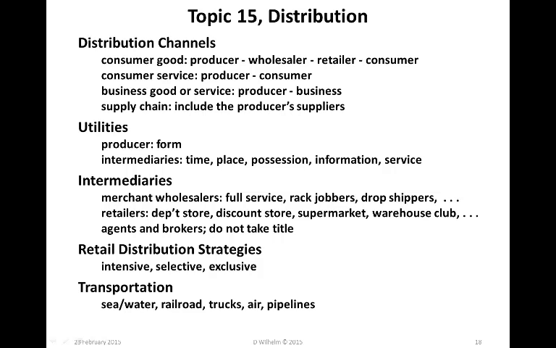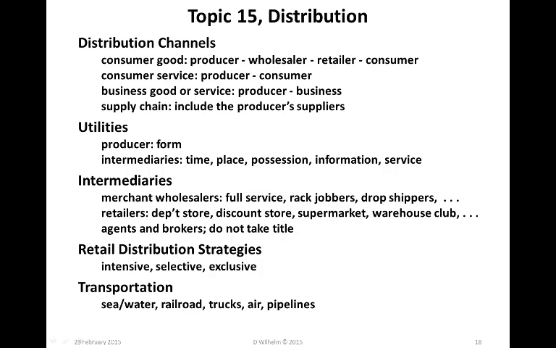Business goods or services are generally straight from the producer to the business, though incidentals like paper clips, I'm sure somebody just runs over to a nearby retailer. The difference between a distribution channel from the producer to the consumer and a supply chain is that the supply chain includes the producer's suppliers.